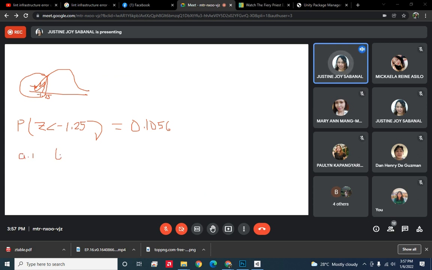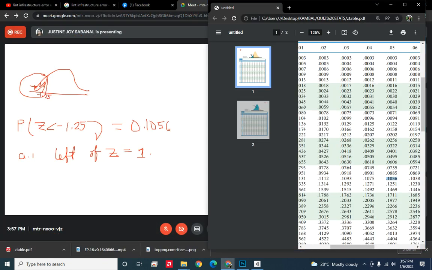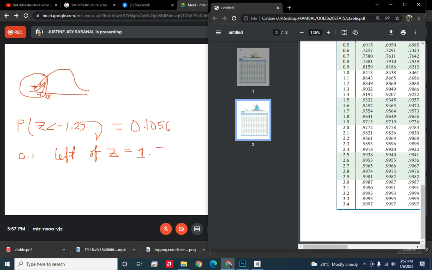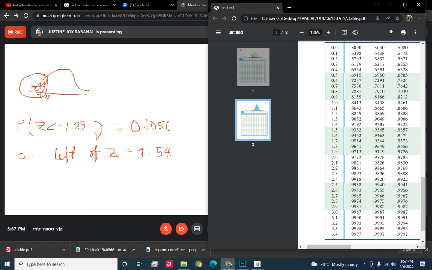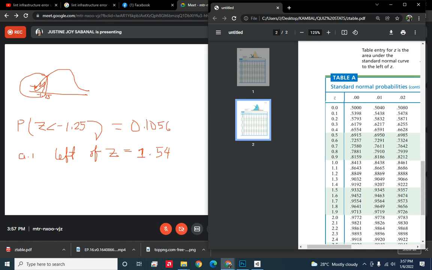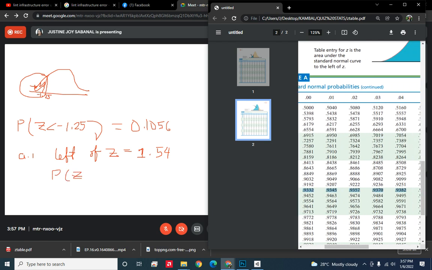Let's say to the left of z, which is positive 1.54. So this is expressed as probability of z less than 1.54. Check na lang natin sa table.